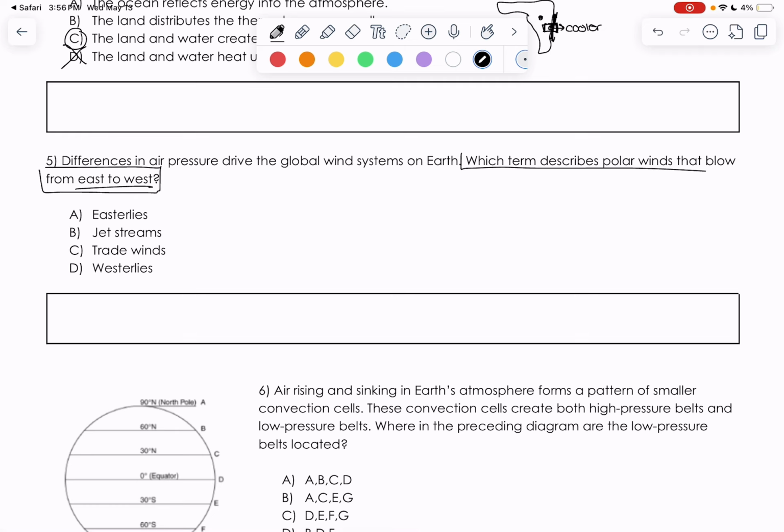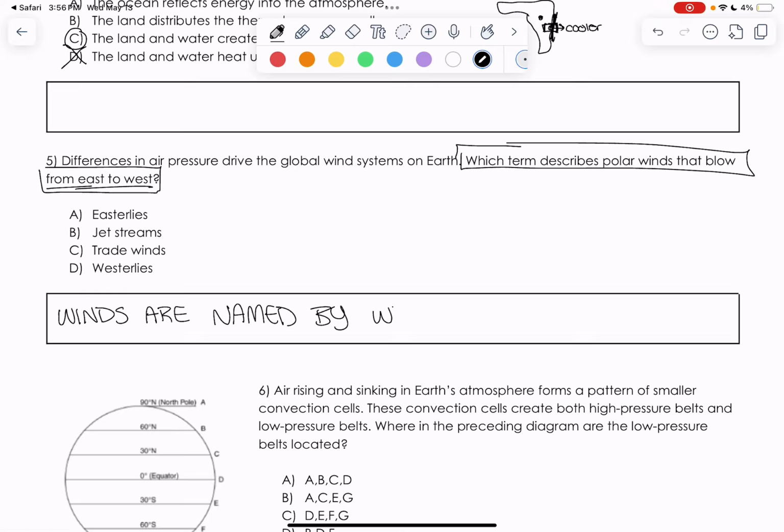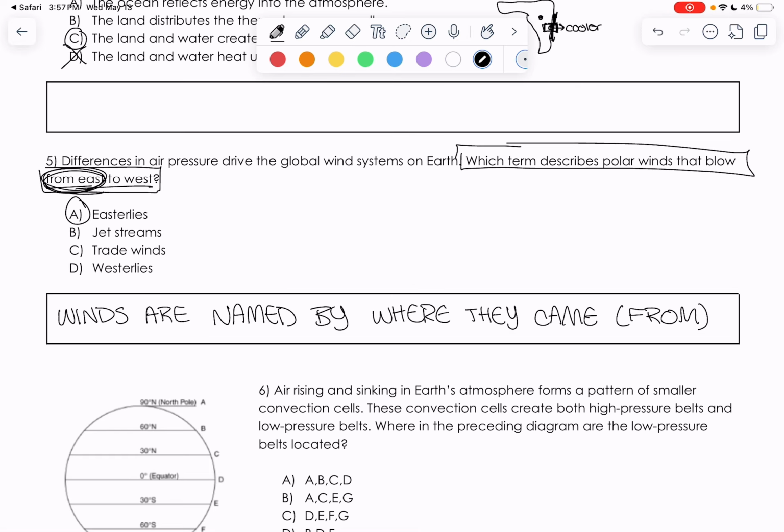The words from east to west are the most important here because winds are named by where they came from. So where did these winds come from? They came from the east, so it's going to be named after the east. It's going to be easterlies.